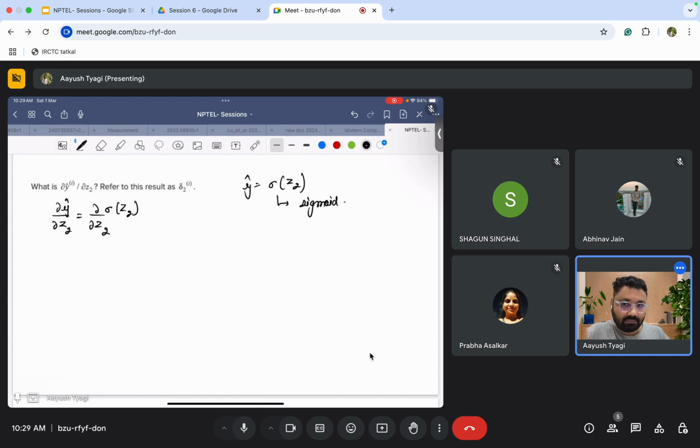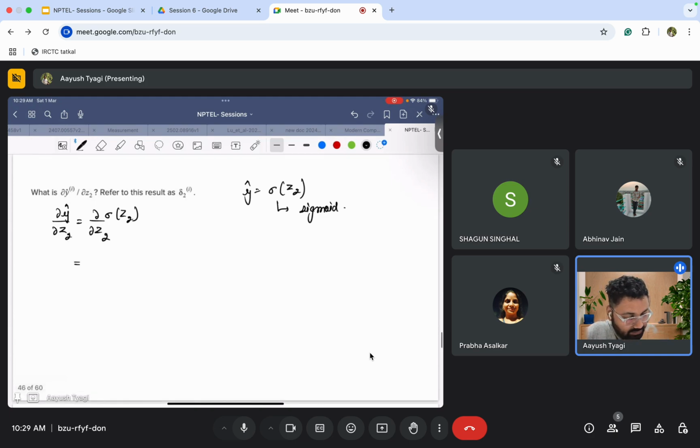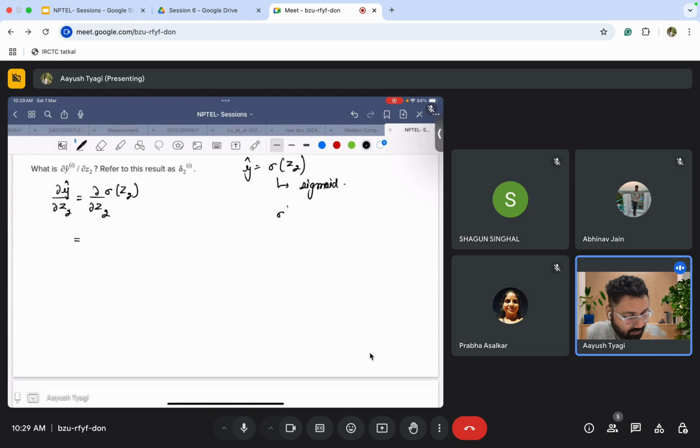So the derivative here is sigmoid of z2 times 1 minus sigmoid of z2, and we will call it delta 2 when you are doing it for all the i's. Make sense, right? Okay.